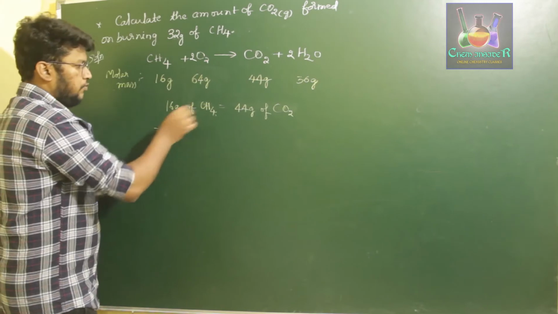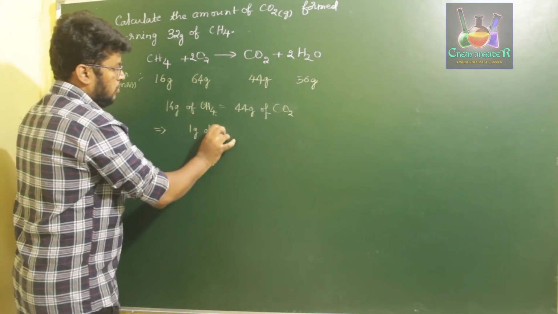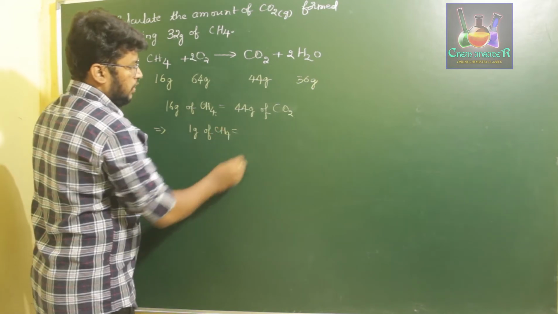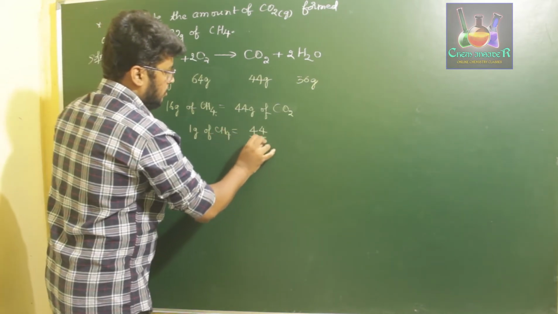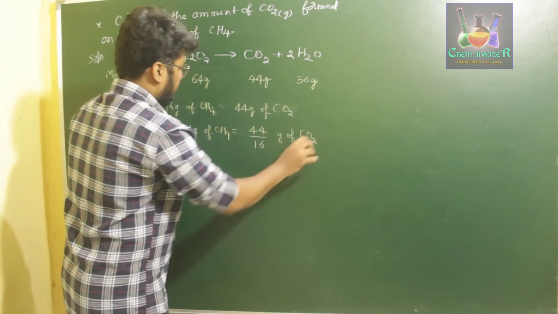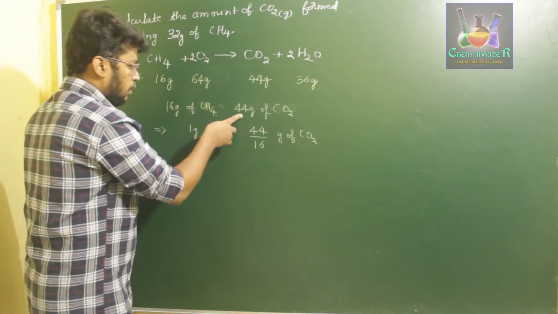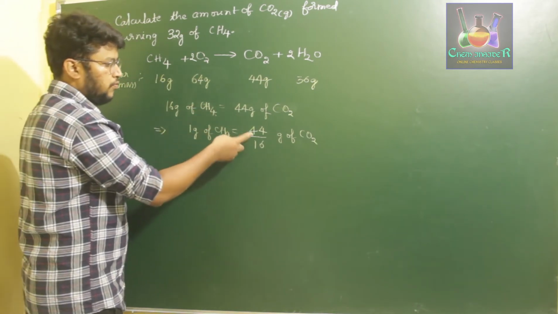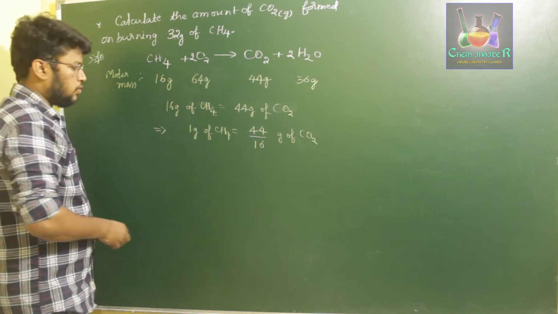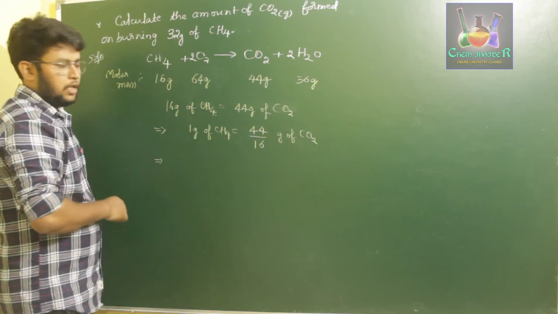Then if we divide both by 16, 1 gram of CH4 will give us 44 by 16 grams of CO2. Then multiply both sides by 32 grams.